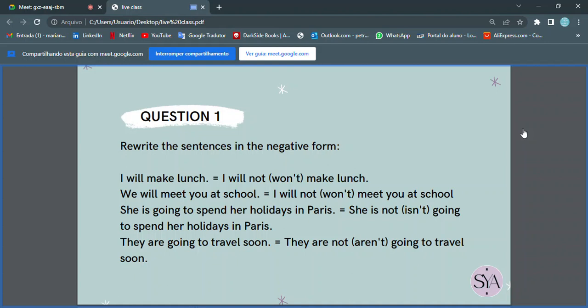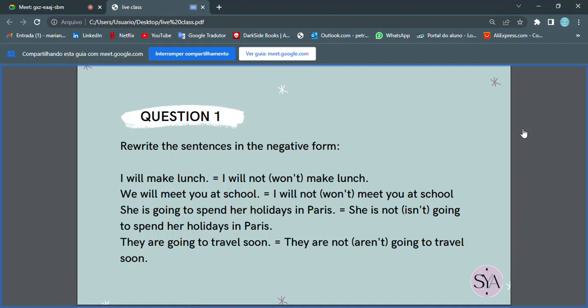The negative form is she is not or isn't, because now we combine the to be verb with the negative word. So she is not or she isn't going to spend her holidays in Paris. And the last sentence is they are going to travel soon. And the negative form is they are not or they aren't going to travel soon.